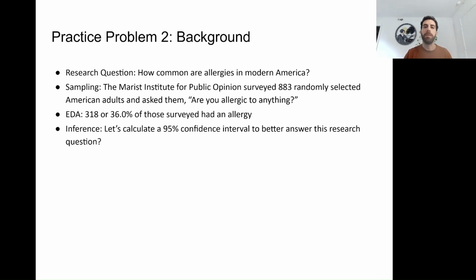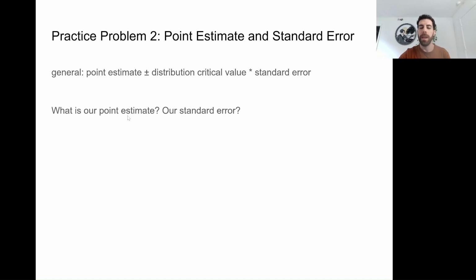So our point estimate, there's two ways you could go about this. 318 isn't normalized, so I would not use 318, because if your sample size was different, the 318 would be different. So I think the better way to go about this is to use the percentage, 36%, for your point estimate. Now the standard error for proportion is different.